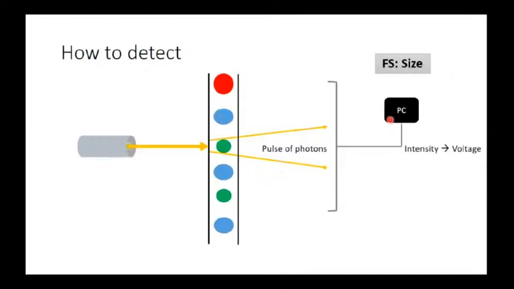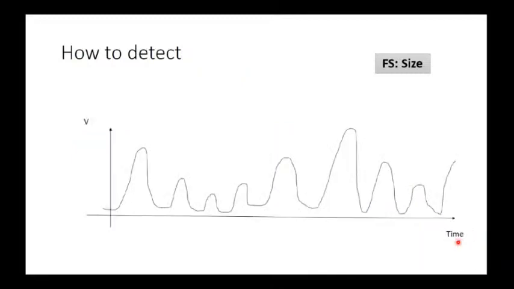The PC will give me data similar to this. So every time a cell passes through the laser beam, I will get a specific peak: a high voltage peak for large cells and a low voltage peak for small cells. The forward scattered light data at the end will be similar to this: time versus voltage, and the peak will be proportional to the size of the cell. This is forward scattered light.